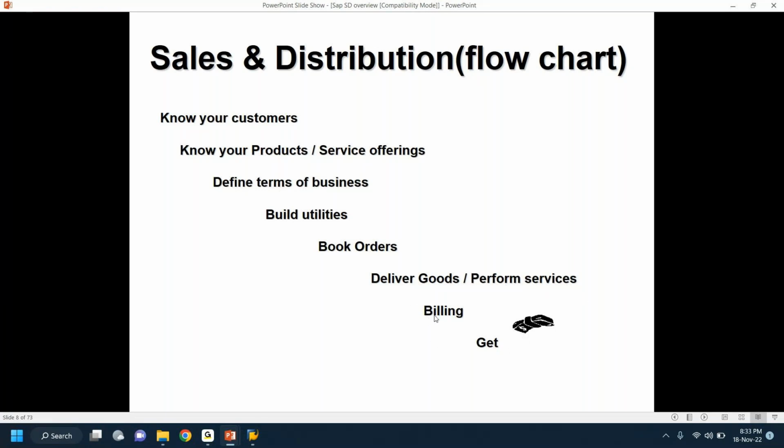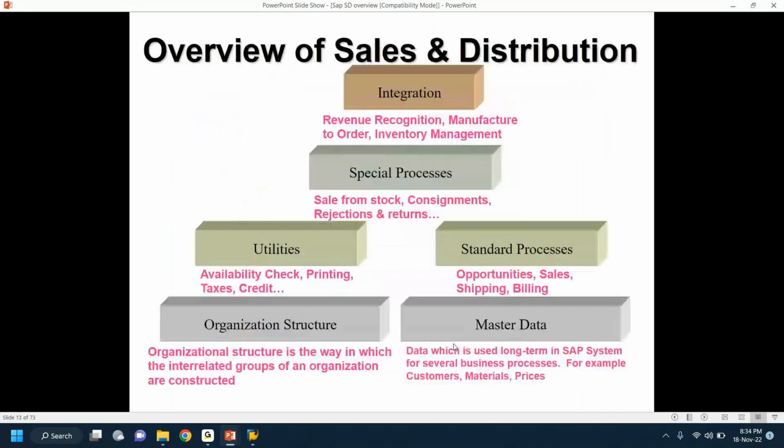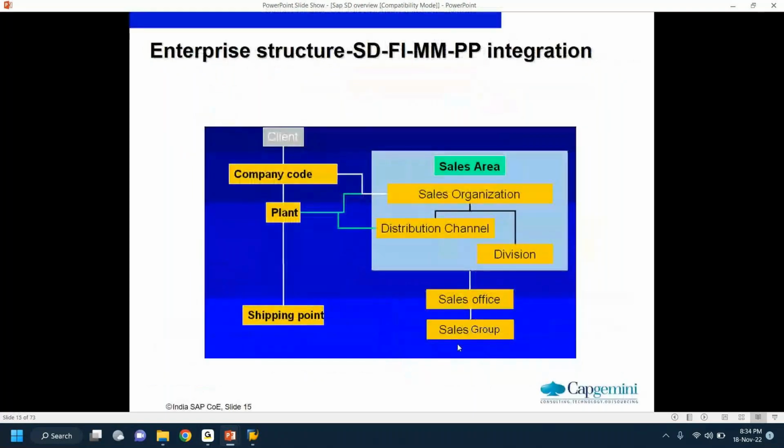Then bill the customer and get the money, or pay the invoice and pay the money to the vendor. This is predominantly the basic SD flow. As we go ahead, we'll understand how SD, FI, MM, PP are integrated through enterprise structure.